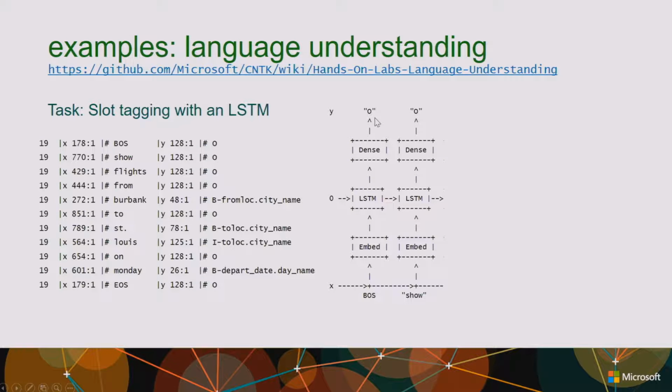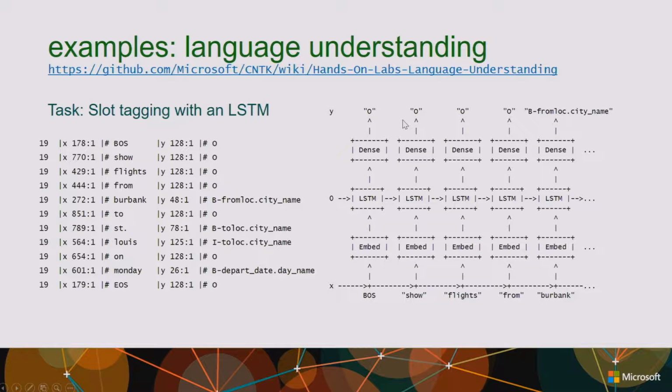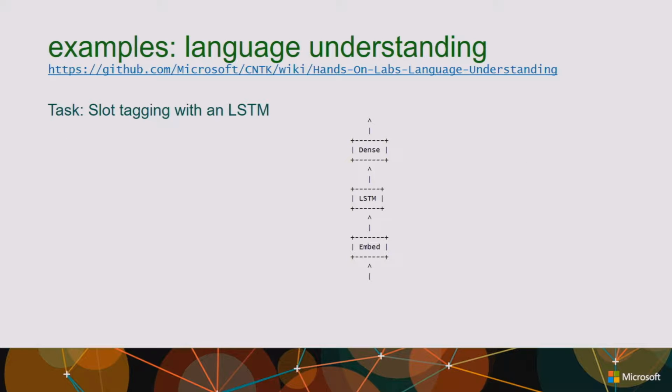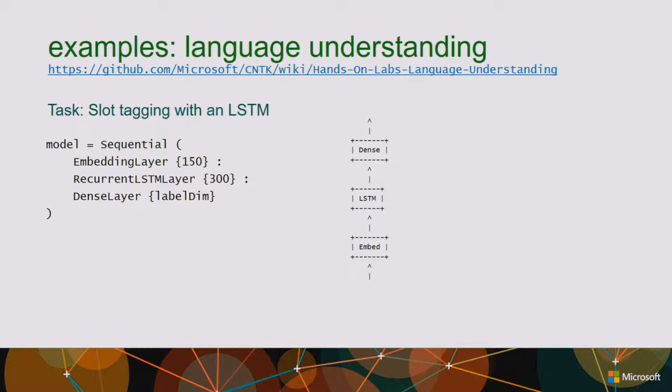Then you execute the recurrence. So you add the next word, also run it through the same embedding. The LSTM now takes the previous state of that recurrence also into account, and this way you can classify the next one, and so on, and so on. So this is the model that we're implementing. But really, we think on this level here, right? So this is how you write it in CNTK.